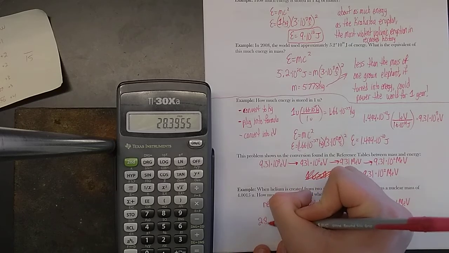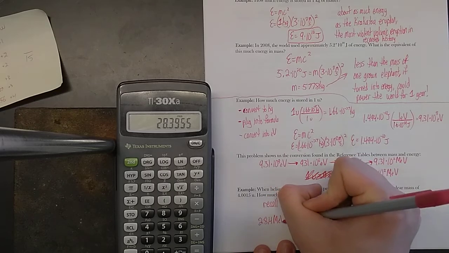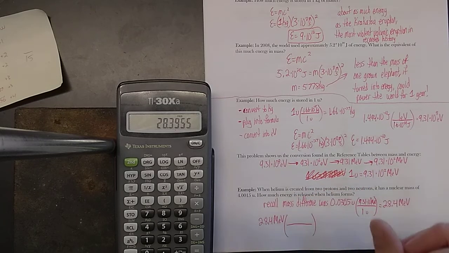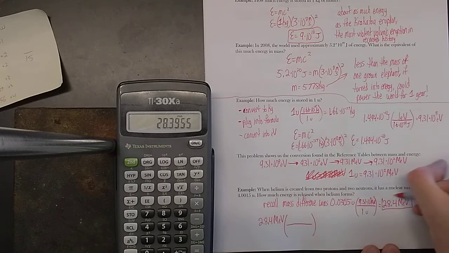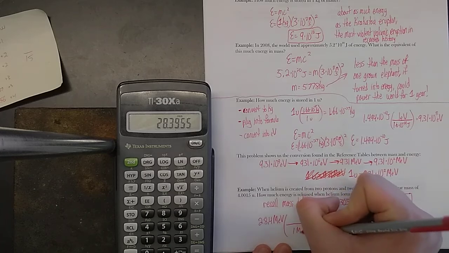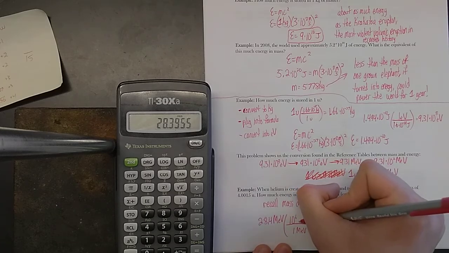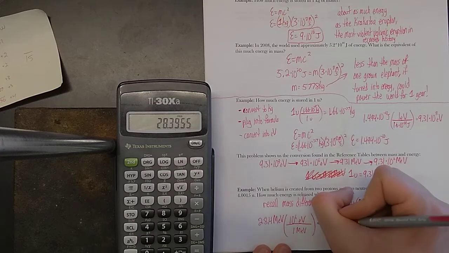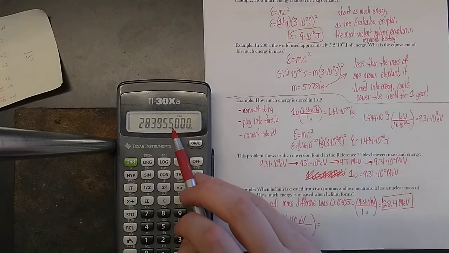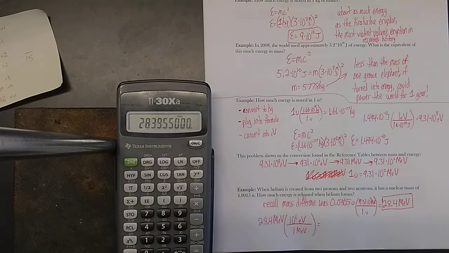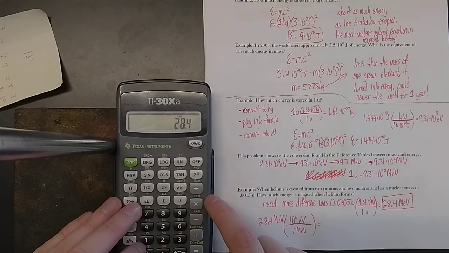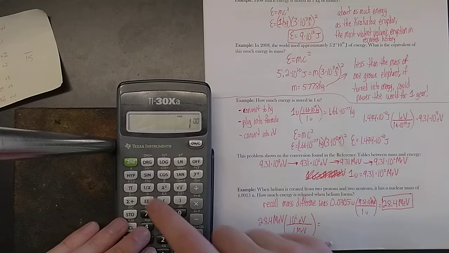Now, I don't think in MeVs. I think in electron volts and joules. So I could figure out the energy in electron volts and joules, and that's exactly what I'm going to do. I know that 1 MeV is 10 to the 6th eV. So I'm going to change this: 28.4 times 10 to the 6th.